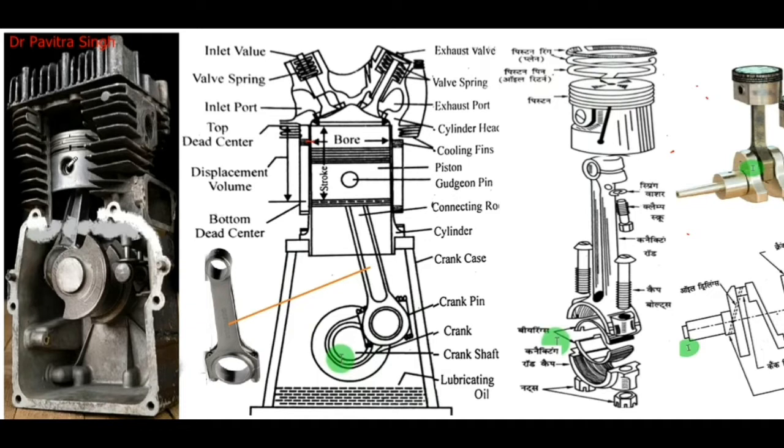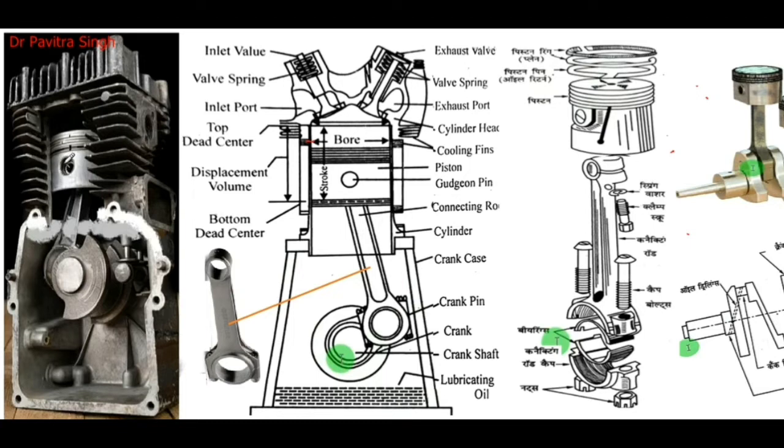In this piston and cylinder arrangement, due to the high velocity, meaning the linear motion of the piston, friction will be there. Due to the friction, temperature will increase, and it is already high due to the combustion of the fuel. That's why, to reduce friction losses, we provide lubrication.